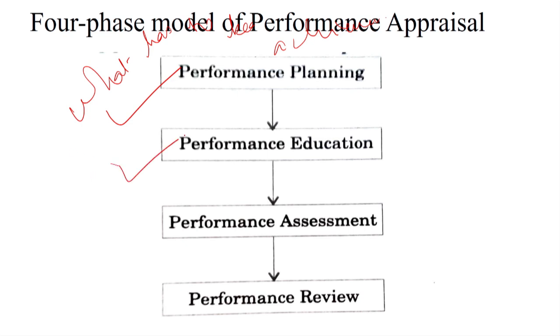Then the second one talks about performance execution. Here the manager or the supervisor will provide coaching and feedback to the individuals to increase their probability of success. In the case of execution, the execution has to be perfect, because on the basis of execution only the results would be analyzed.